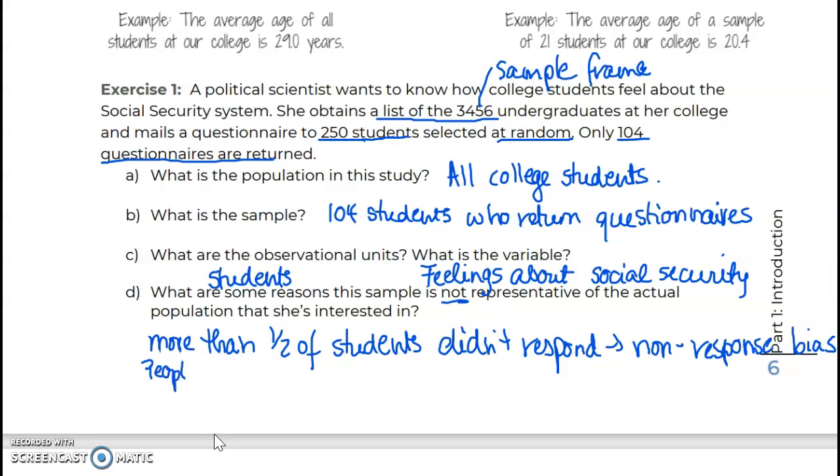So let me just write this down. People, so often when we have non-response, or even we call it self-response, because people choose whether to respond or not, people with strong feelings are the ones that respond or return their surveys.